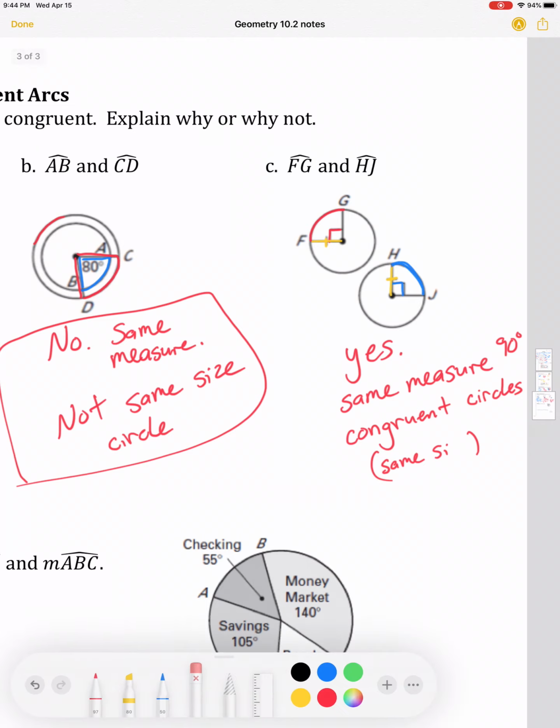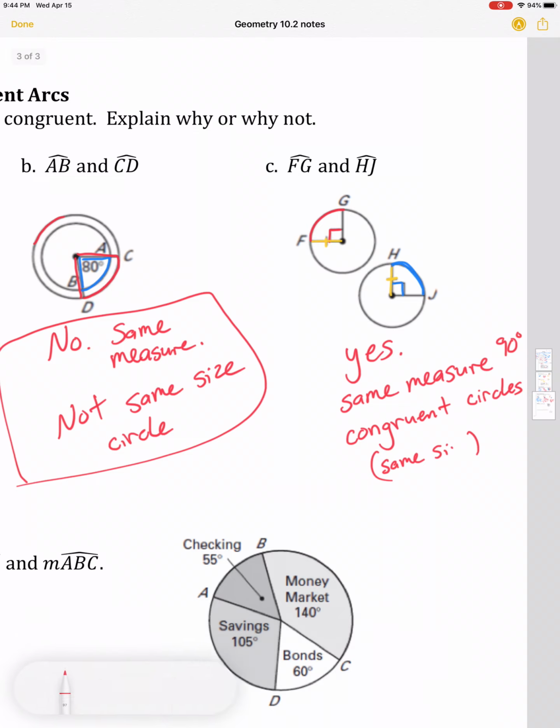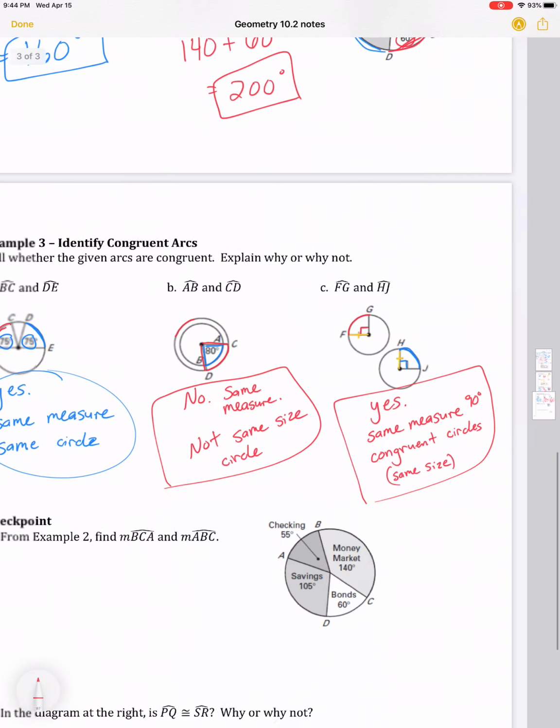So same measure and same size, so those are going to be congruent.